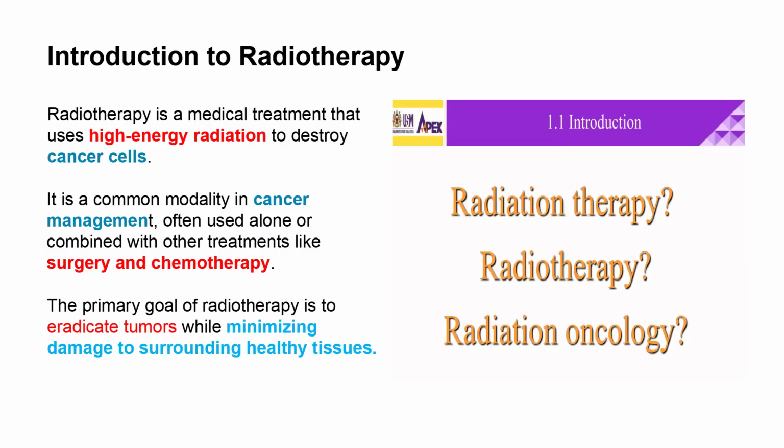So all these are examples of high energy radiation that can be used in radiotherapy for the management of cancer. So you need to know these examples: we have gamma rays, X-rays, and some ultraviolet waves. All are examples of high energy radiation that can be used in radiotherapy to treat diseases.